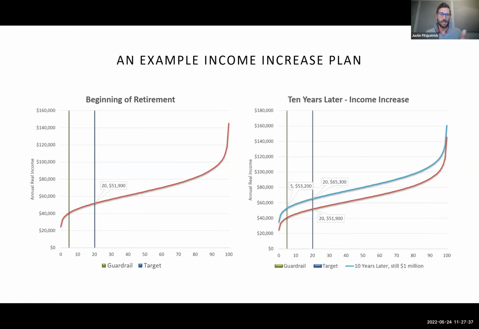maybe it's that you actually didn't end up spending that full $51,900 a year, and so your portfolio balance is higher than expected, not because of outsized returns, but you just spent less. For any reason, if the risk of that spending level is down to 5, we're gonna bring it back up to 20. That was a risk level you were comfortable with to begin with, so we'll just reset it, right?